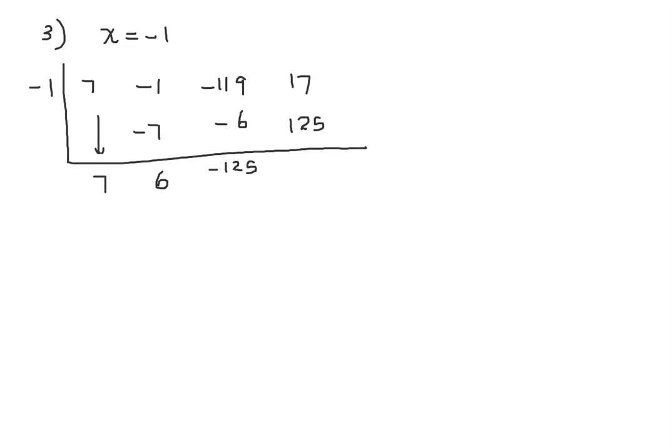So the remainder is 121. So x equals -1 is not a 0.